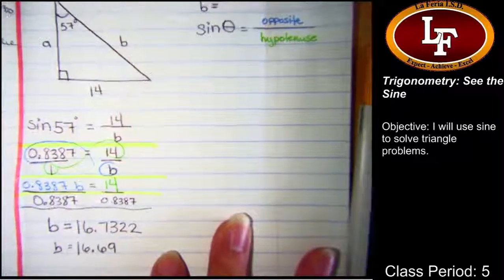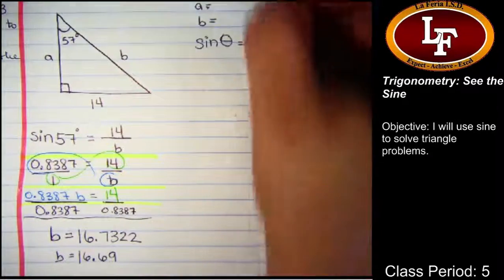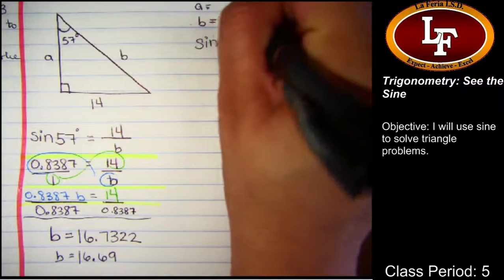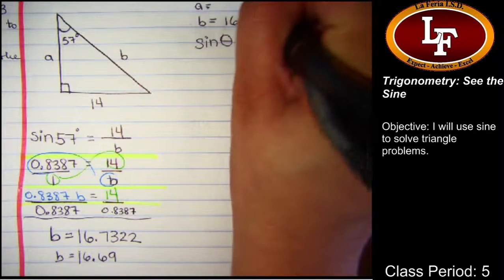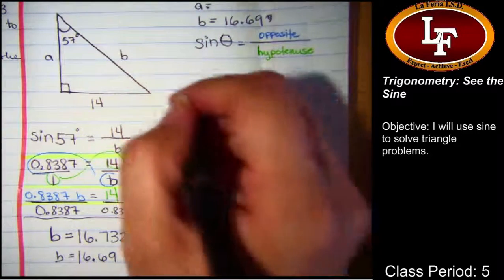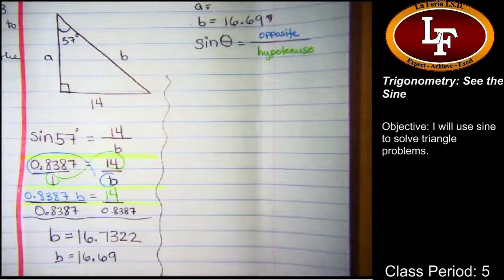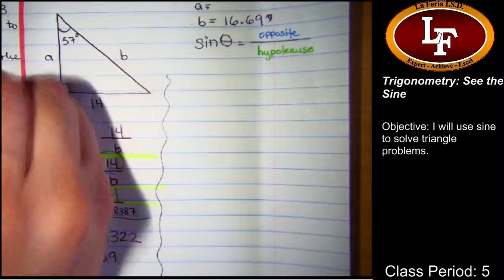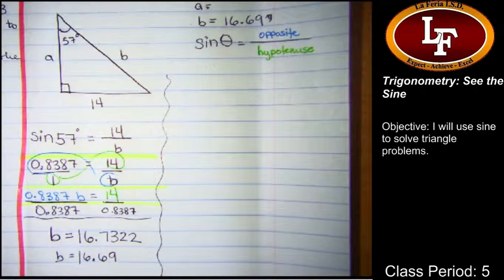I'm going to zoom out just a little bit. Now, we've been asked to find the value of the variables. We need to find a also.